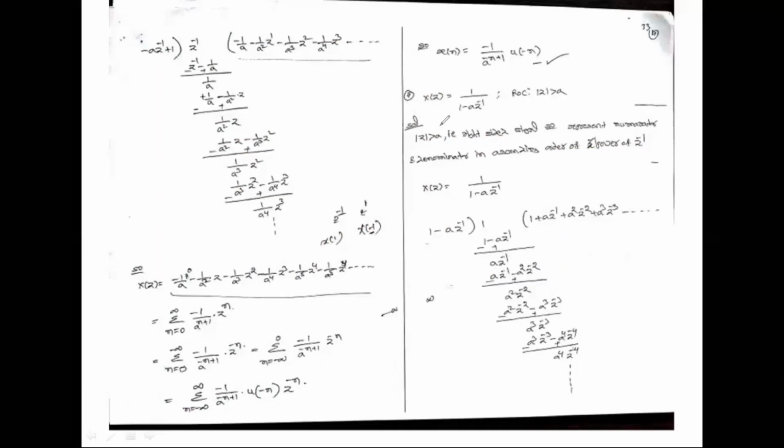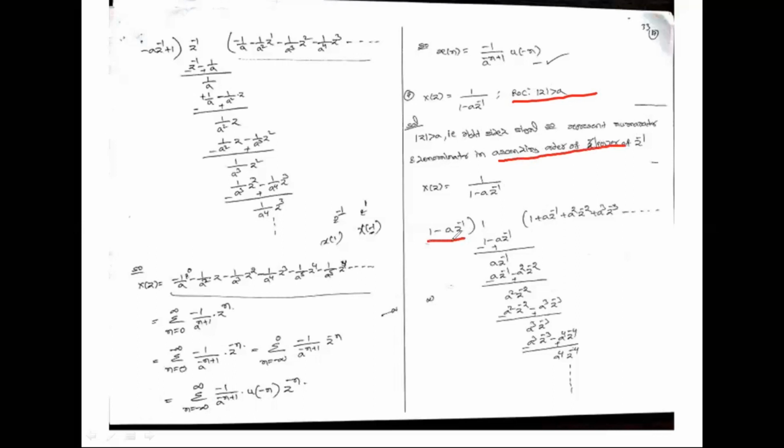Another example: 1 by 1 minus A Z inverse, and the ROC is given, Z is greater than A. Now I am taking 1 by 1 minus A Z inverse because it is in ascending order of the powers.